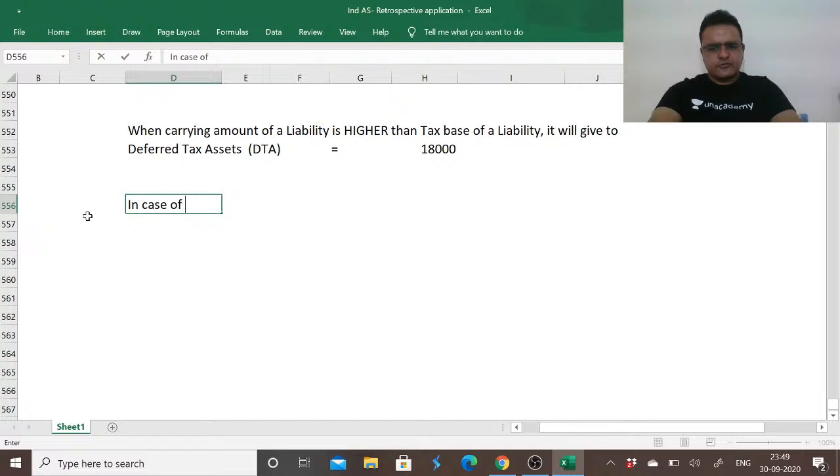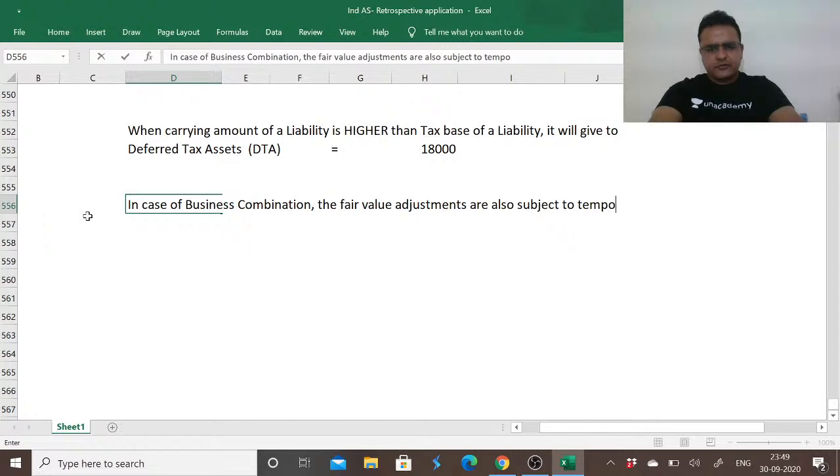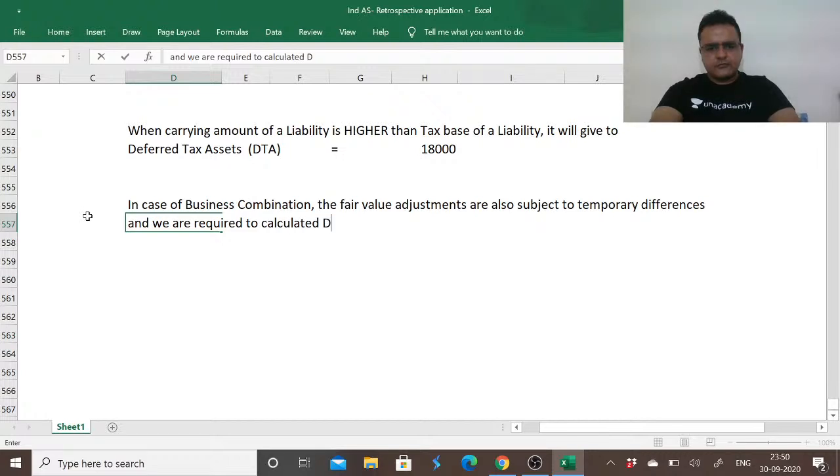In case of business combinations, adjustments are also subject to temporary differences, and we are required to calculate deferred taxes on the date of acquisition and after, on post acquisition adjustments.